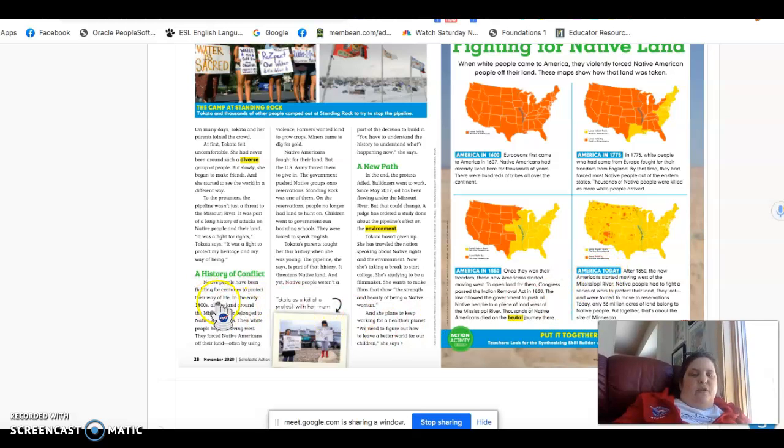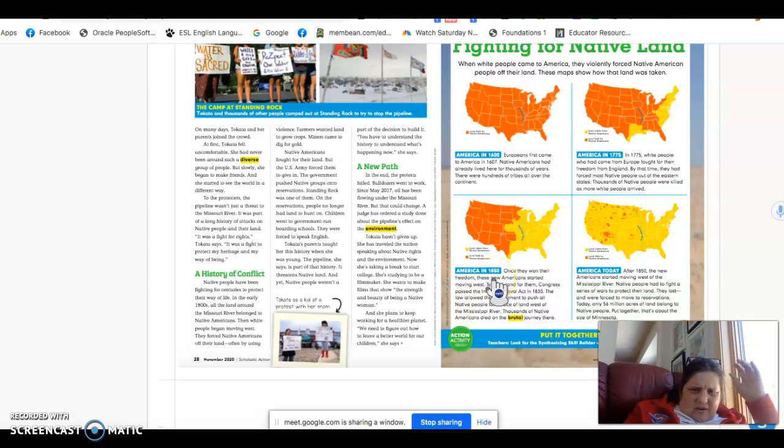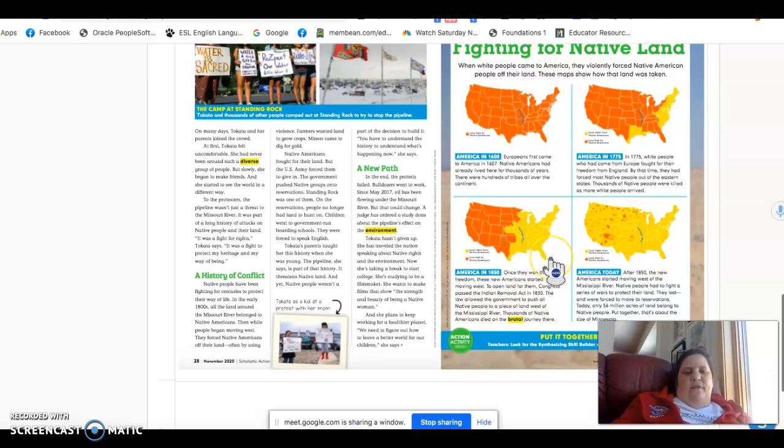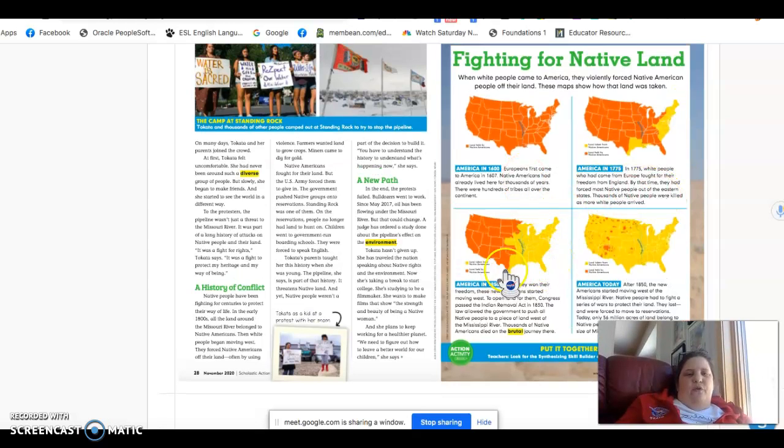So instead of being laid out side by side, it's just 1600, 1775, 1850, and America today. So this is four different snapshots of time that you are going to look at.